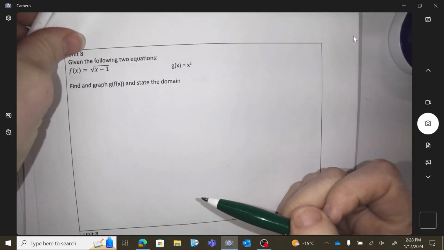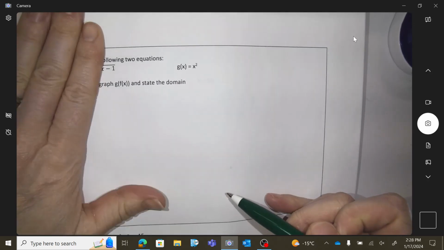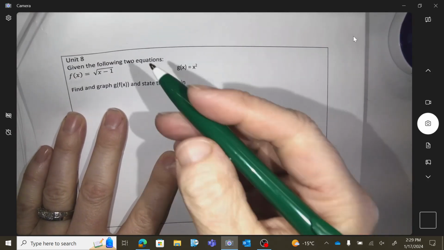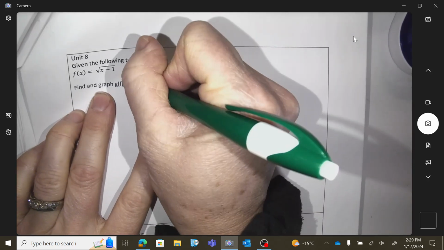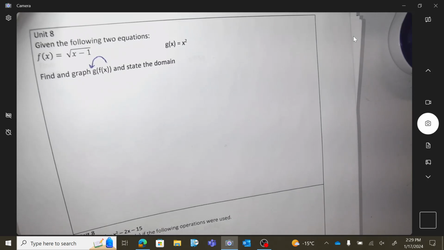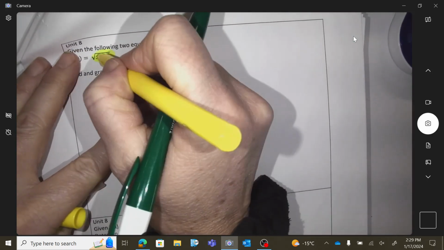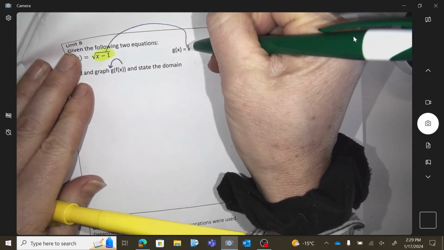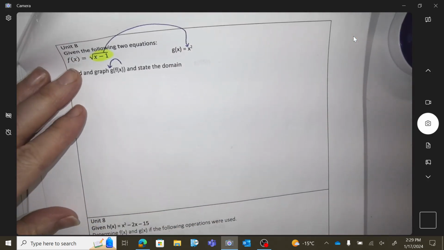Okay, a composite function. We are to do the g of f of x. So we're putting this function into that function.